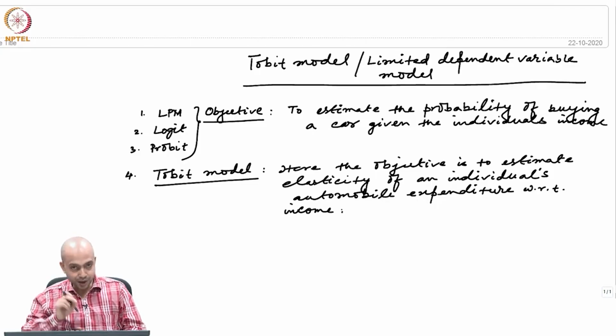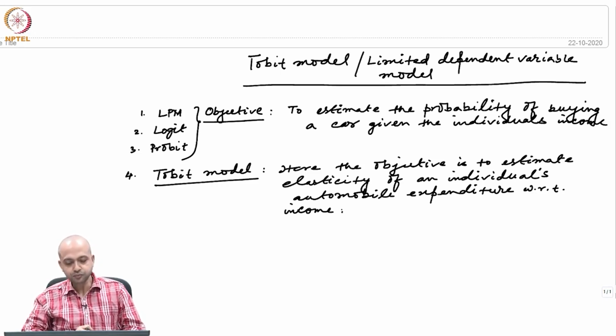Rather, we have limited information on automobile expenditure only for those households who have a car. That is why this model is known as the limited dependent variable model, right?